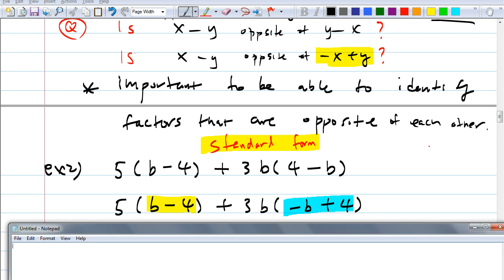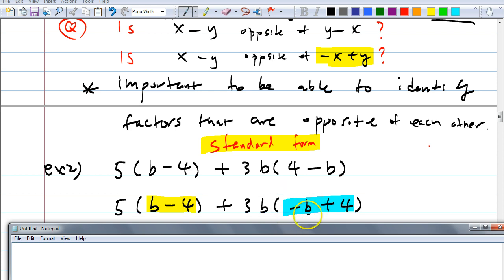What's the idea? Dana? You can multiply by negative 1. I know what you mean by that, but you have to say that carefully. What do you mean by multiply by negative 1? Is there a way to rewrite negative b plus 4 so that it looks like b minus 4?